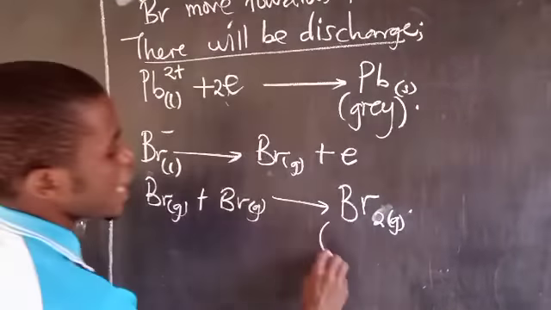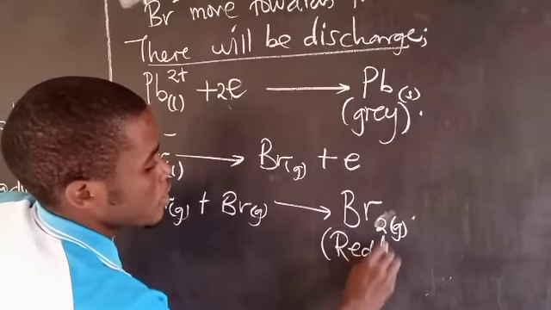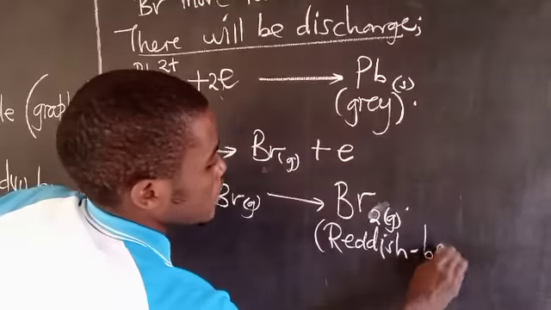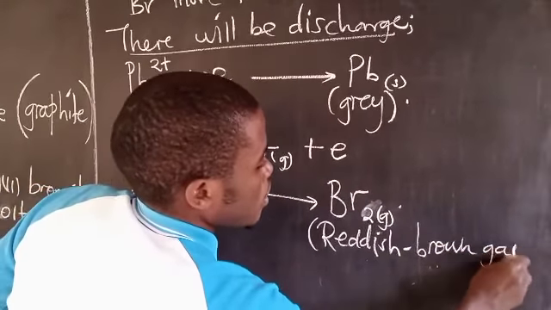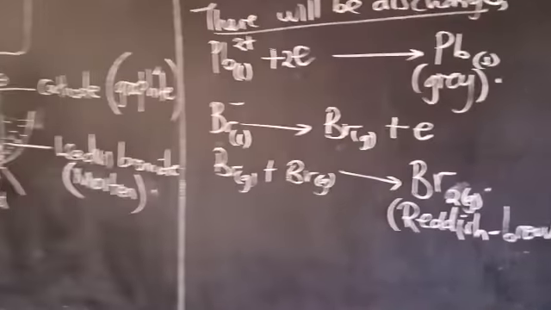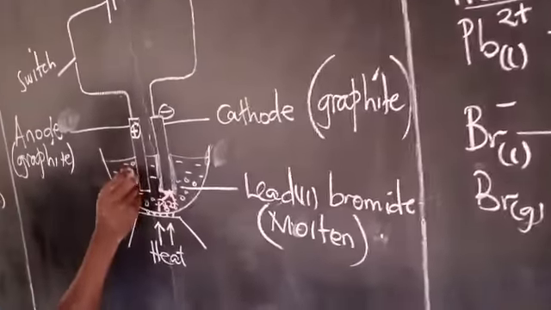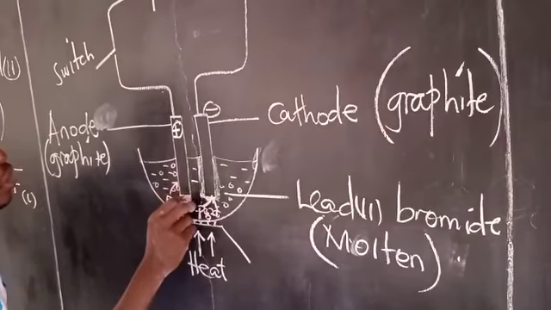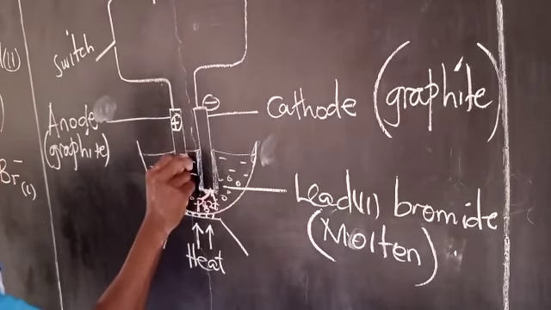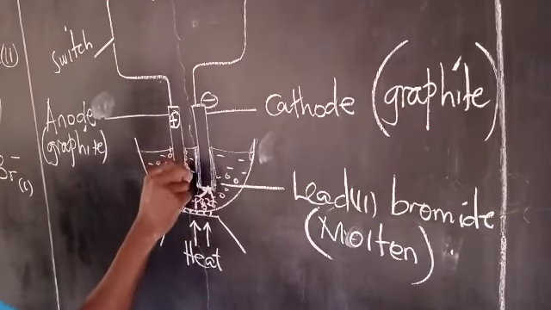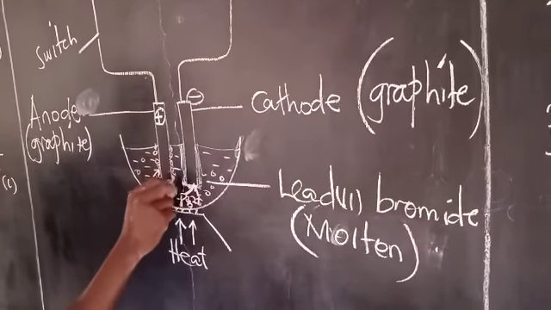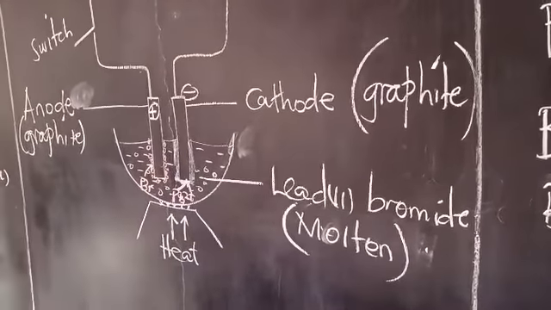So if this is a reddish-brown gas, it means that we shall end up seeing bubbles evolving around this electrode.